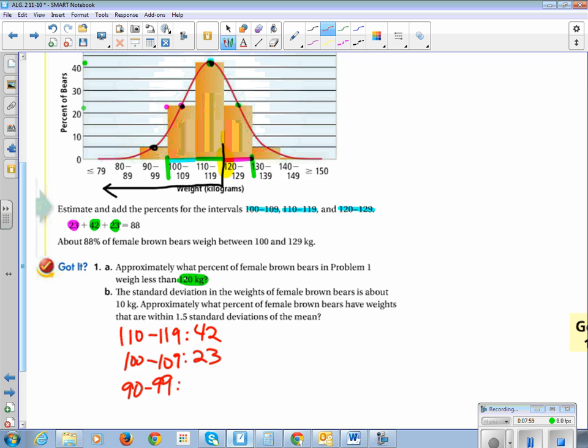And then from 90 to 99 we have 5. So we add those together. We get 70.